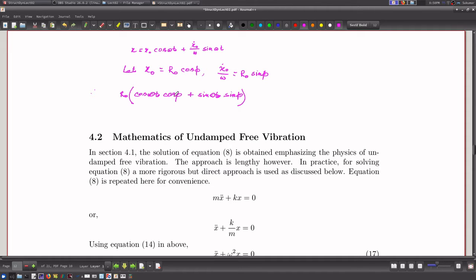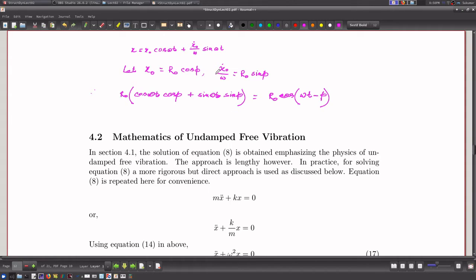And we know that cos A cos B plus sin A sin B is cos A minus B, so I'll write r naught cos omega t minus phi, where my phi is how much?